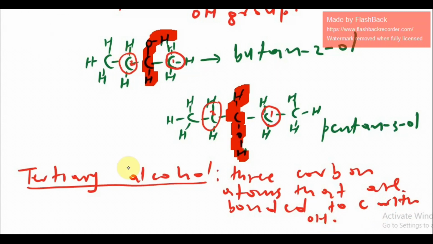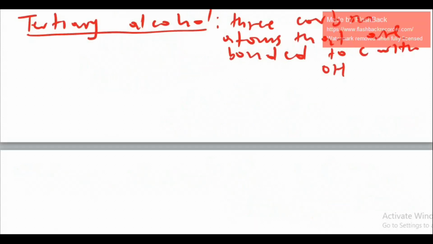Okay, so we have 3 carbon atoms bonded to the carbon with OH group. Okay, let's have an example.